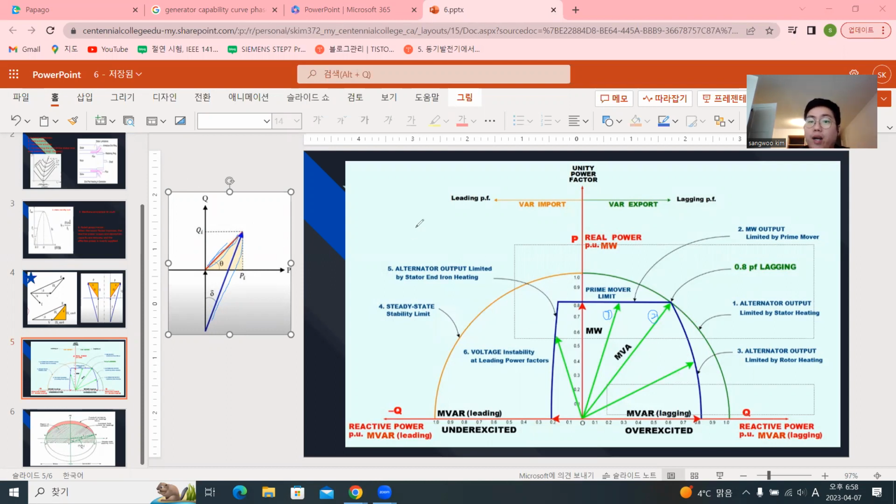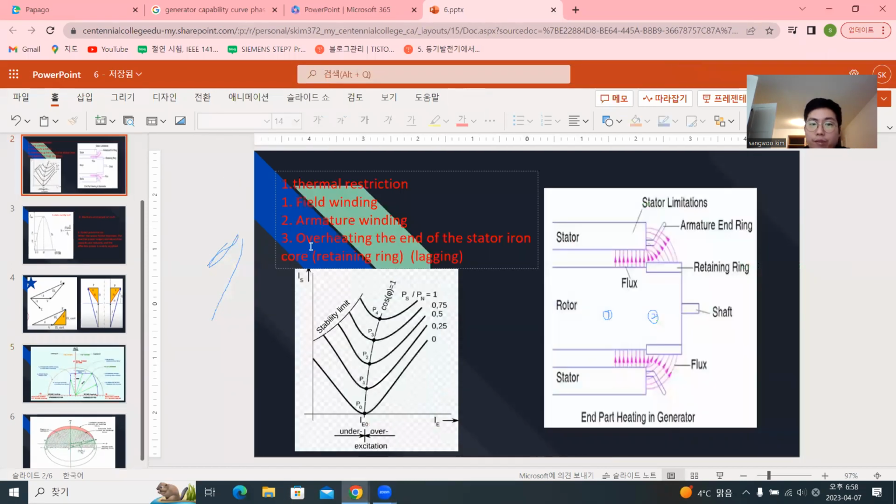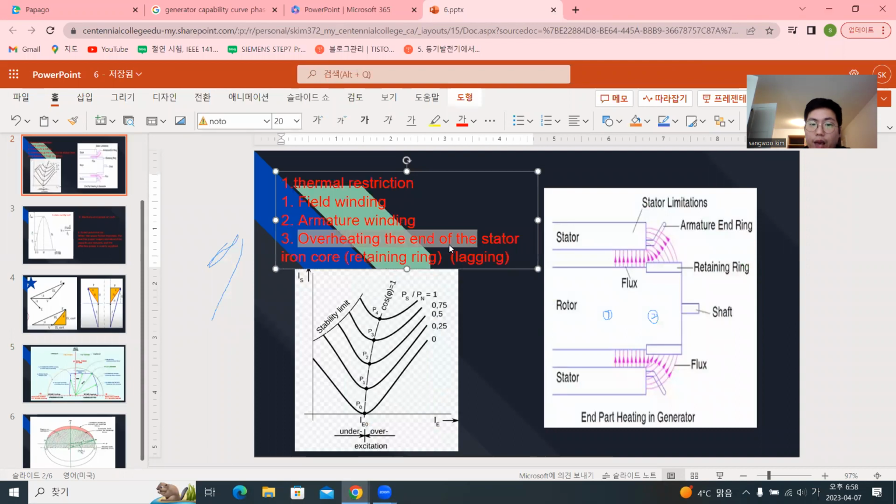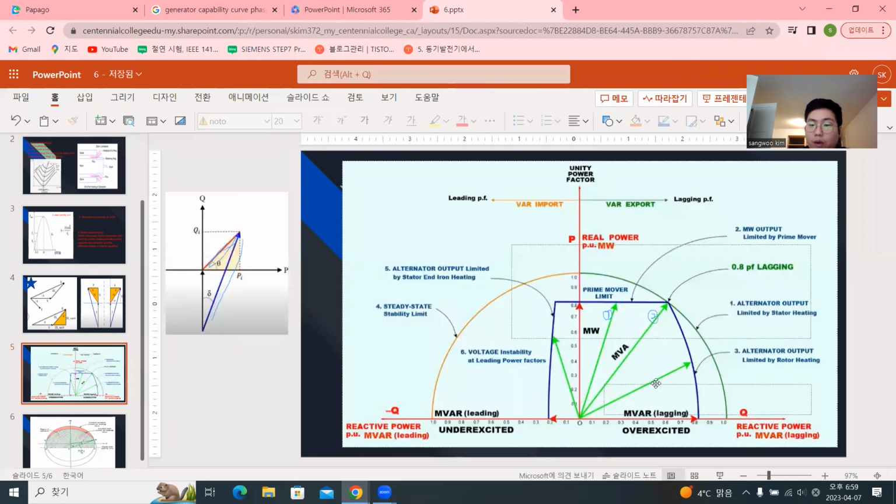And then the third part is what I said here. You guys can see here the end of the, stability limit here, right? So actually this third line is the stability limit. And then I said here's also the prime mover limit, right?